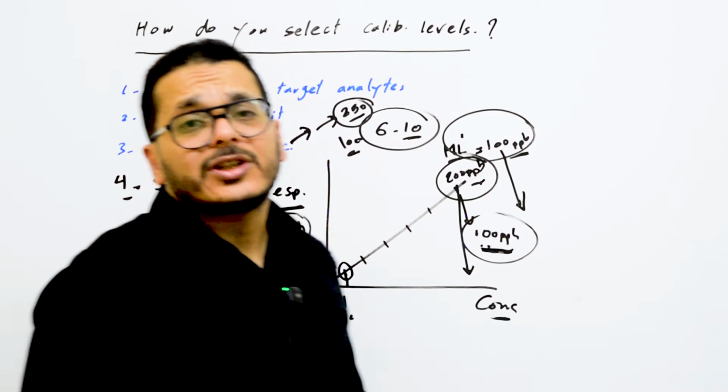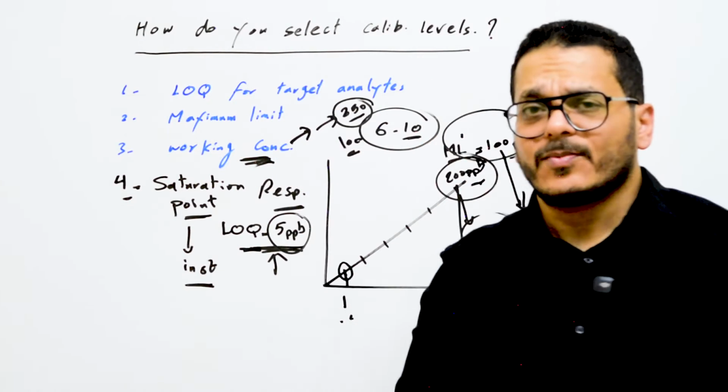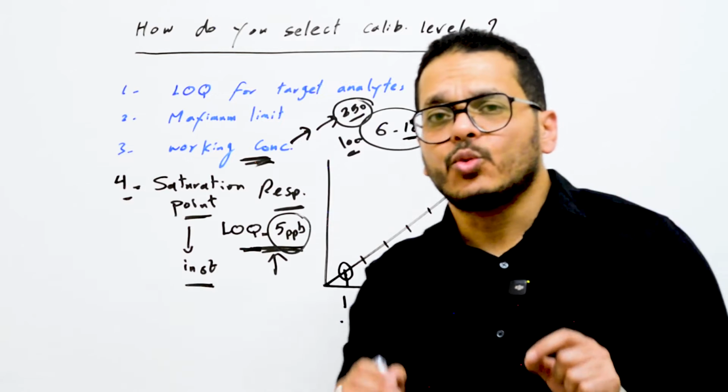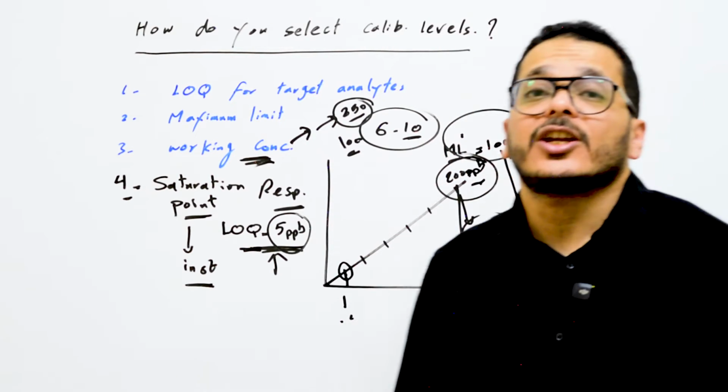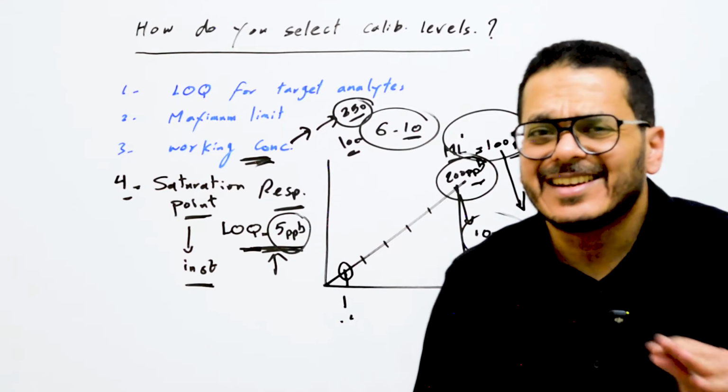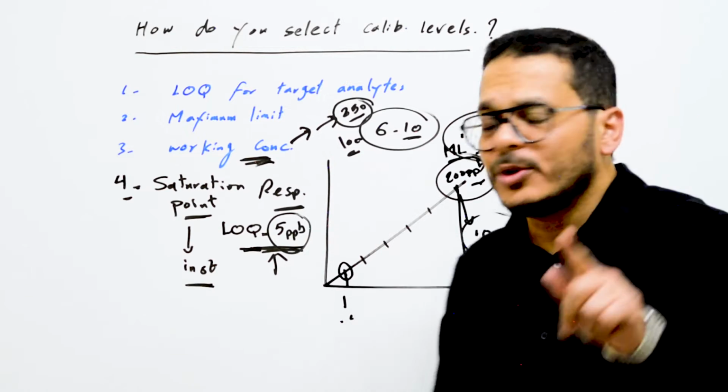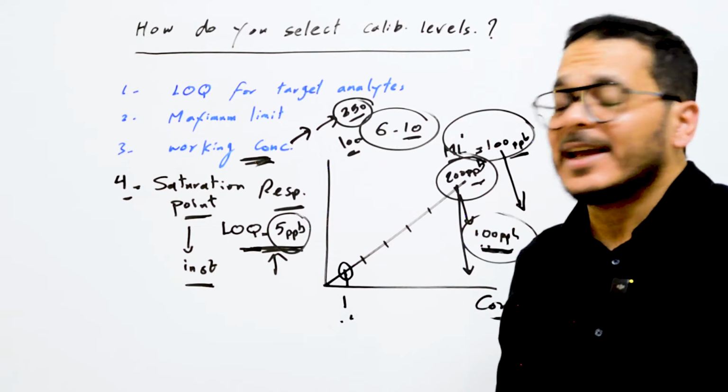A very important point that you should know is that all results you get from the instrument should be in between these calibration levels, because any result for any sample is quantified based on this calibration.